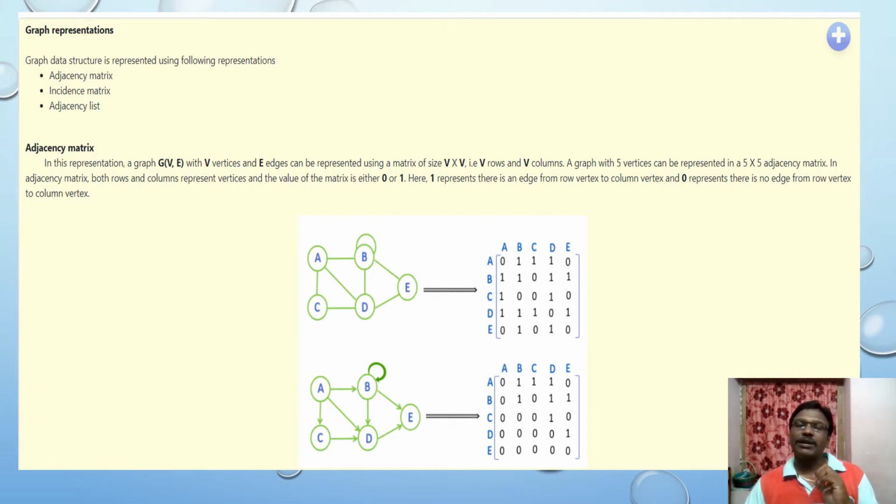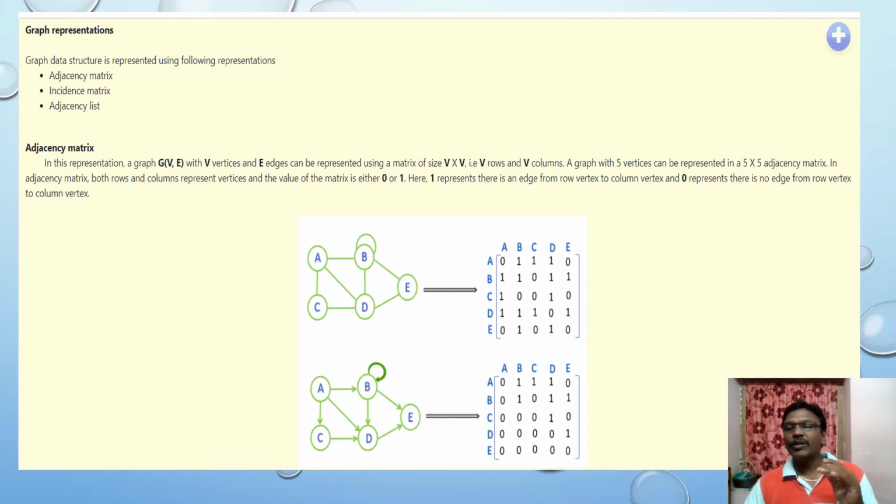First of all, represent the rows as vertices A, B, C, D, E, and in the same way the columns also A, B, C, D, E. In the first row, A is not in a self loop, so it is 0, because A to A cannot connect.